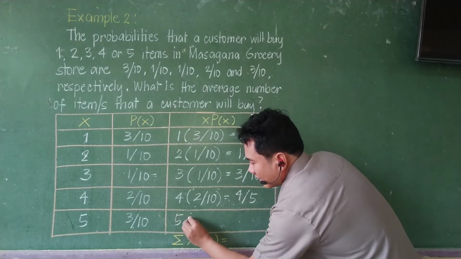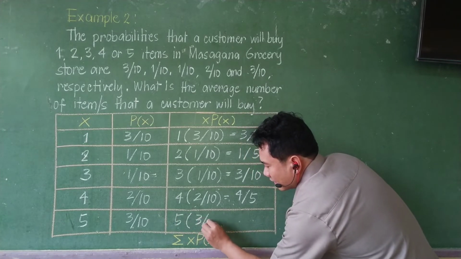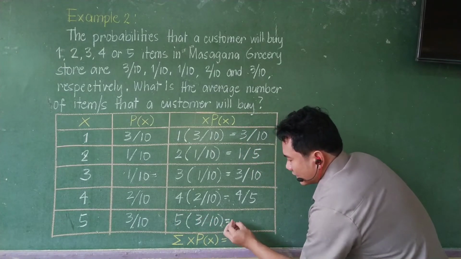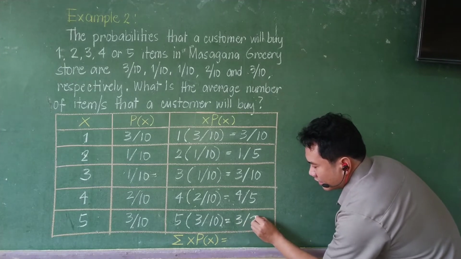Last, 5 times 3 over 10 equals 3 over 2.